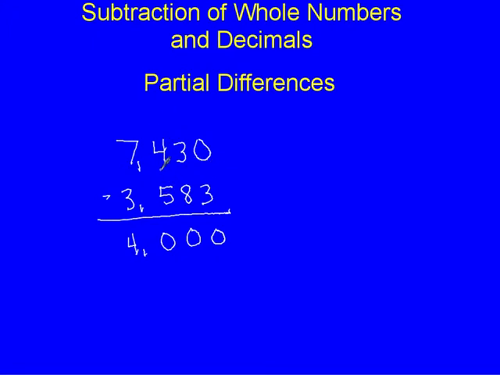Now, in this one, it doesn't matter if the top number is bigger than the bottom number. We still subtract, but we end up with a negative number. So if we have 400s minus 500s, that gives us negative 100.